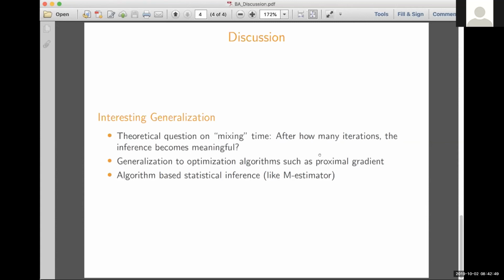I think this also motivates us to consider algorithm-based statistical inference. Just like we do estimation and we have an estimator, if we can provide a posterior of the solution to the iterative method, that would be very interesting. Yeah, that's all I have.